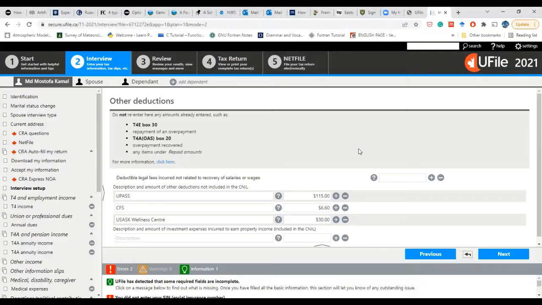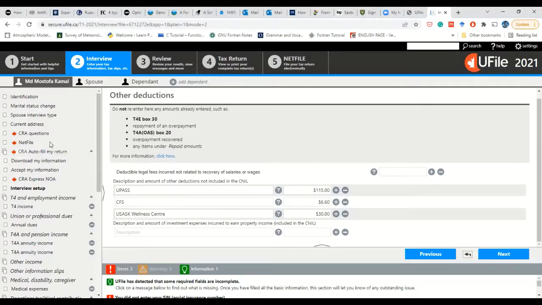But other deduction, you can claim it under here, and then give a description of that. Okay, this is the working from home expenses here. But please make sure that you are able to submit the proof.